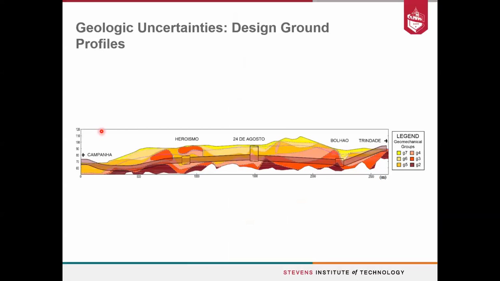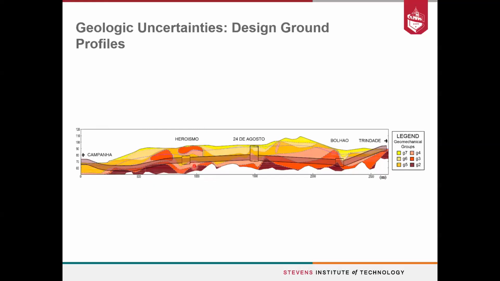So the main challenge in tunneling comes from the design phase, where you're estimating ground conditions and ground profiles. This is a tunnel. Here, this is the Porto Metro tunnel. And you're trying to estimate the ground profiles, the ground that the tunnel is going through, basically from a limited number of sampling points, such as boreholes, which are vertical wells that are spaced every 100 meters, every 200 meters.